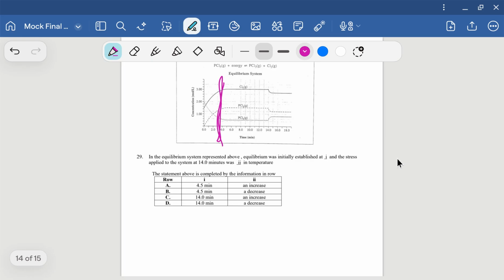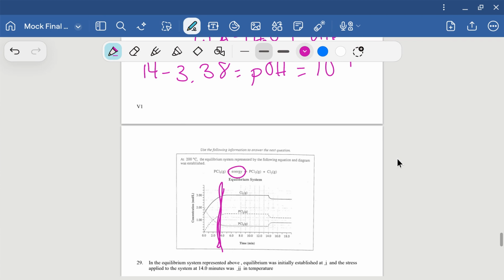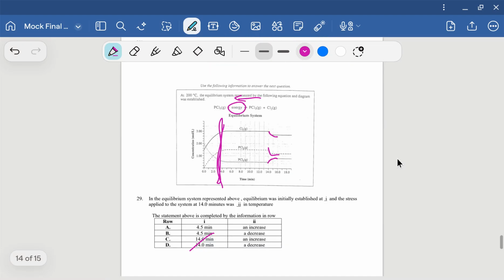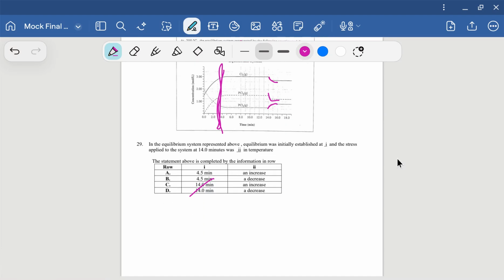It's when those lines started to go horizontal, so around 4.5. And then the stress applied to the system was, taking a look at your reaction, going back up here for one moment, energy is on the right hand side. So we're looking at your products decreasing and your reactants increasing, which means we're shifting to the left.